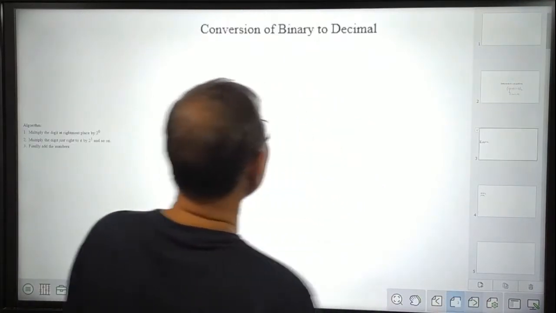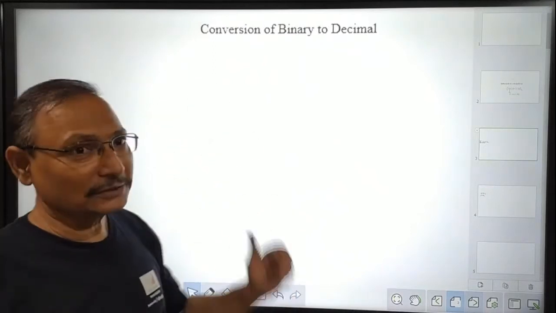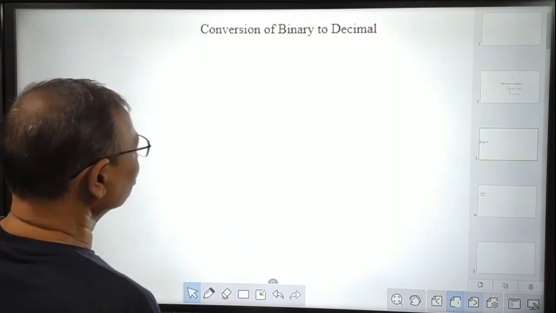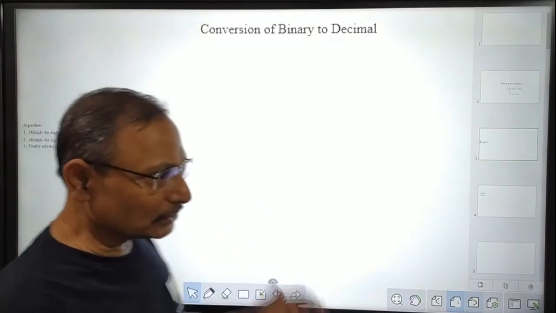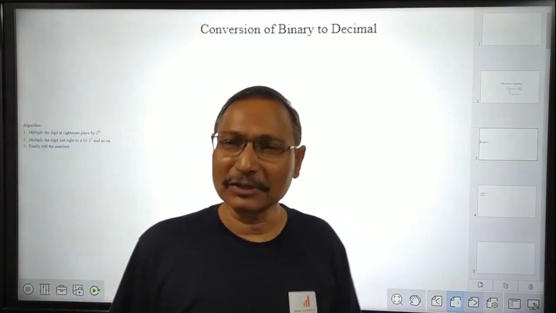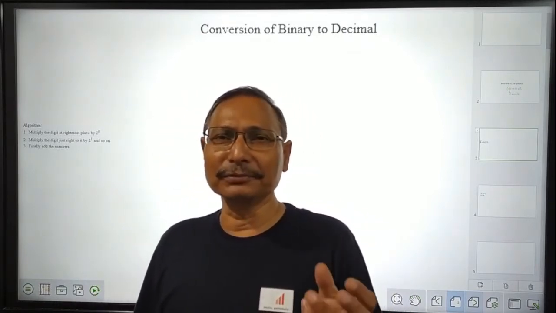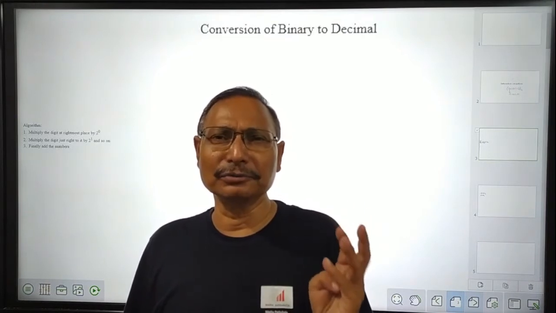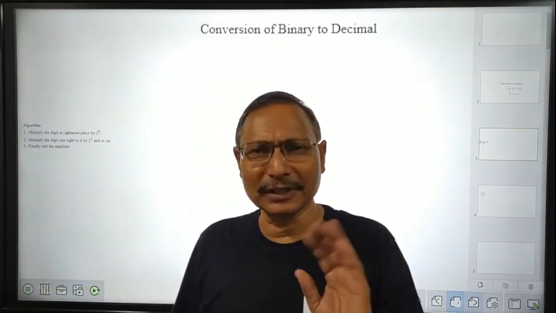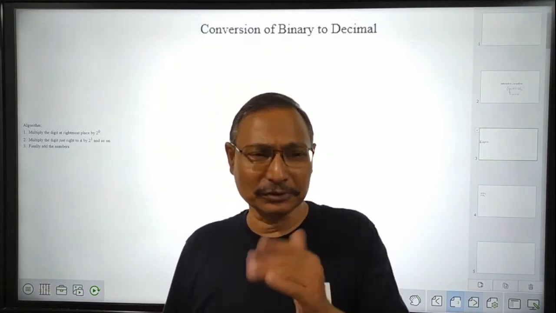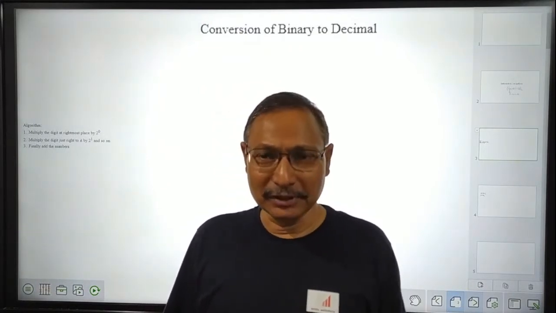Now, let us understand the conversion of a binary number into a decimal number. Suppose a number is given to us and we are to write it in the decimal system. The decimal system is what? We write any number using the digits 0, 1, 2, 3, 4, 5, 6, 7, 8, and 9. There are 10 digits in the decimal system, and using them we write any number.